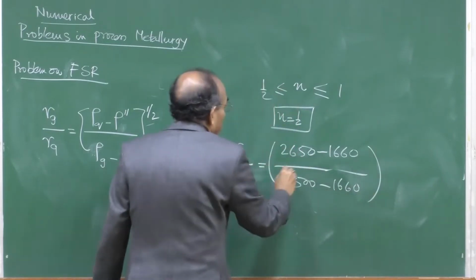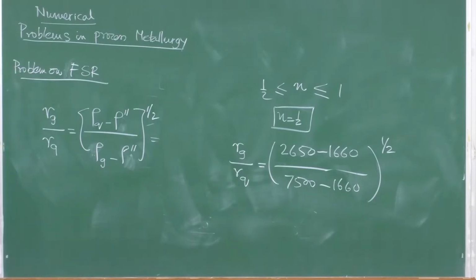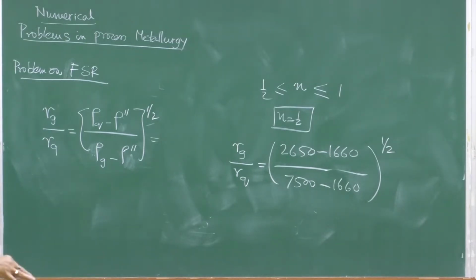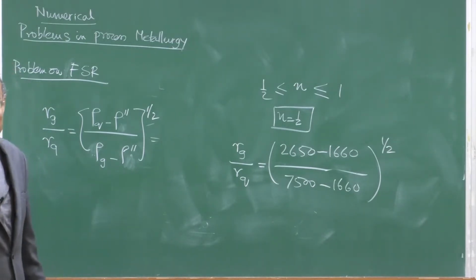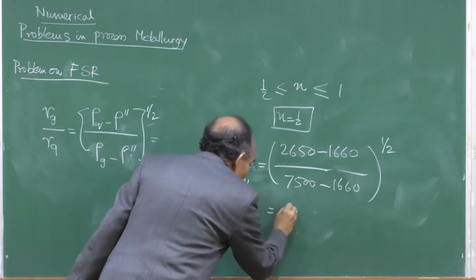Because I have specified n equal to half, I can write this, but you can put 0.75, 0.1. The issue is that the value of n must be given to you to solve the problem, and if you do this, the value will come out to be 0.25.